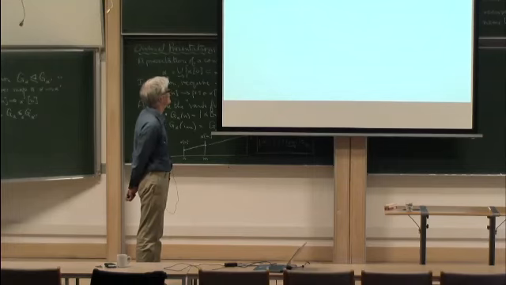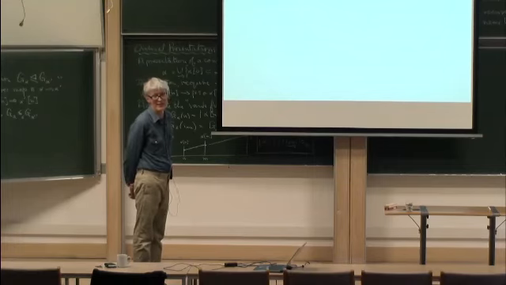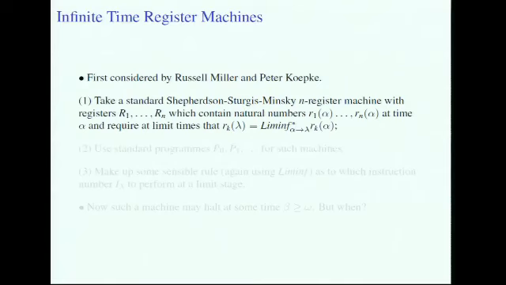So what is an n register machine here? You just take a standard Shepardson-Sturgis register machine. It's got n registers. We think of the natural numbers R1 up to Rn at time alpha being given as over here.